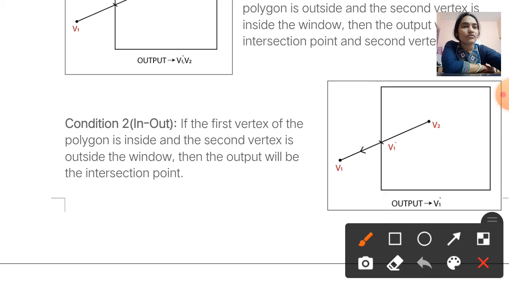That means the line goes from inside to outside. So the only point saved is the intersection point, V1 dash, in the in-out condition.